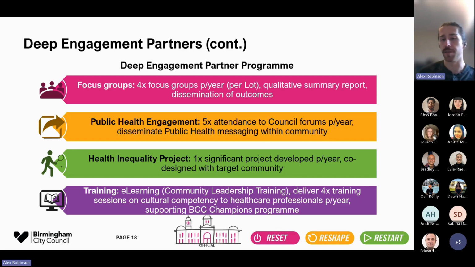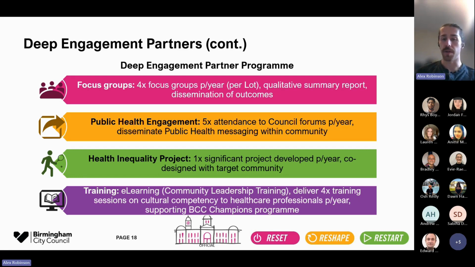And they'll be led and informed by public health priorities and the needs that are identified within the community health profiles, particularly around filling the gaps in the data. So based on the health inequalities discussed, we might have something around mental health, something around substance misuse, loads of different options there.